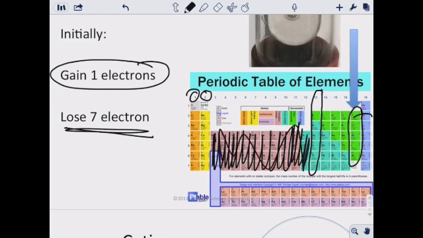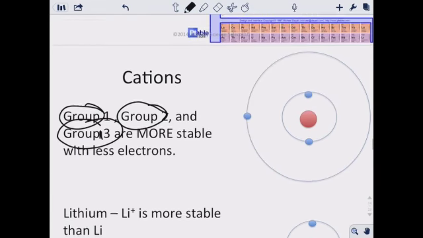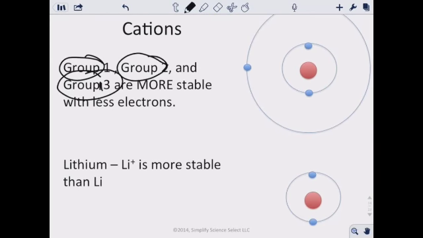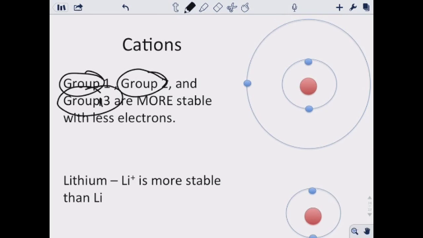So generally, we're talking about 1, 2, and then 13. If we give up 1, we have a full shell and we're happy. That's why lithium is more stable with a +1 charge.